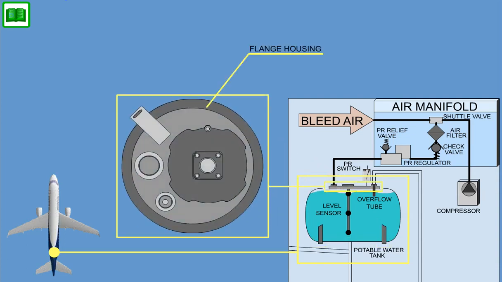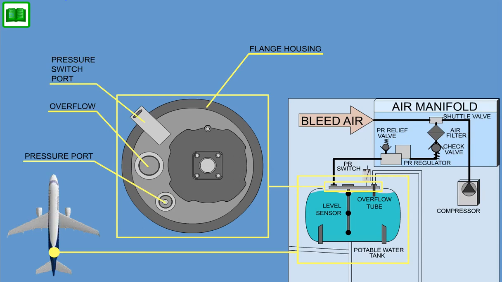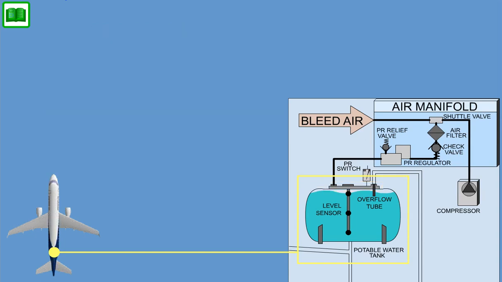A flange on top of the tank incorporates ports and fittings for the overflow line, air pressurization, air pressure switch, and the level sensor. The electrical connector for the level sensor is integrated into the flange. At the bottom of the tank, a flange connection provides an interface to the fill, drain, and distribution lines. The usable tank capacity is 110 liters.